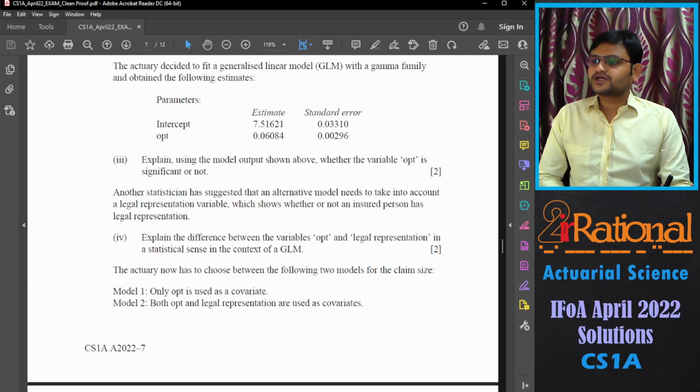Another statistician has suggested that an alternative model needs to take into account the legal representation variable, which shows whether or not an insured person had legal representation. Explain the difference between the variable OPT and the legal representation in a statistical sense in the context of a GLM.